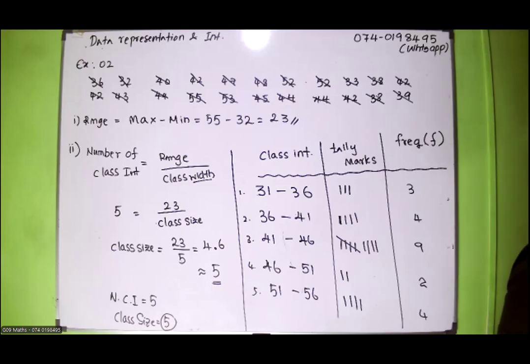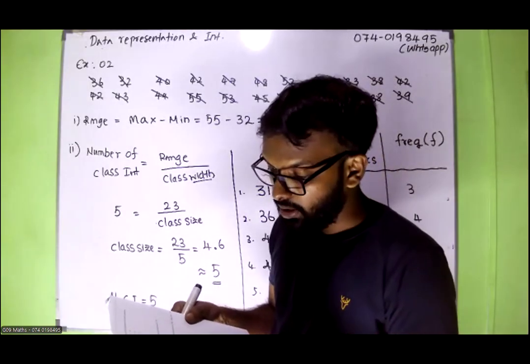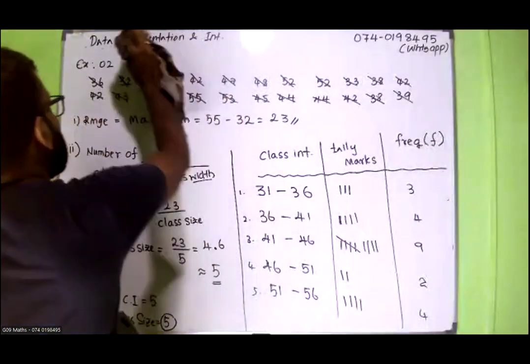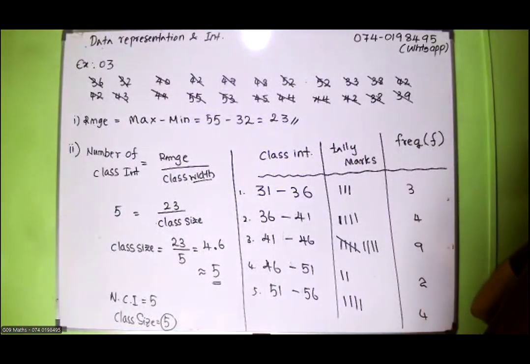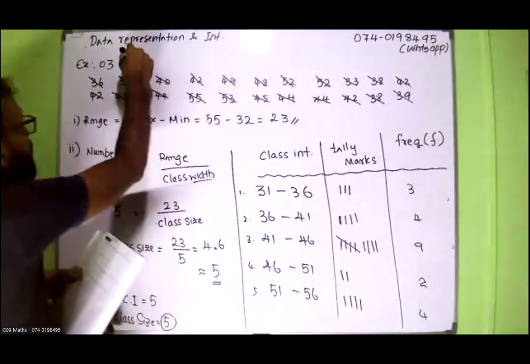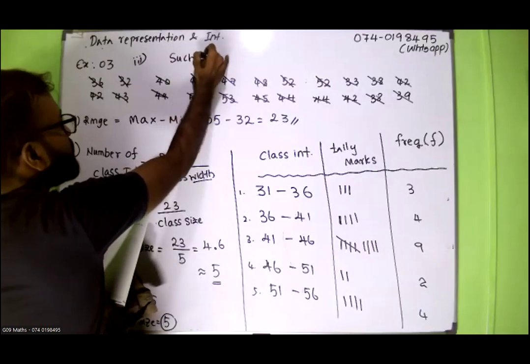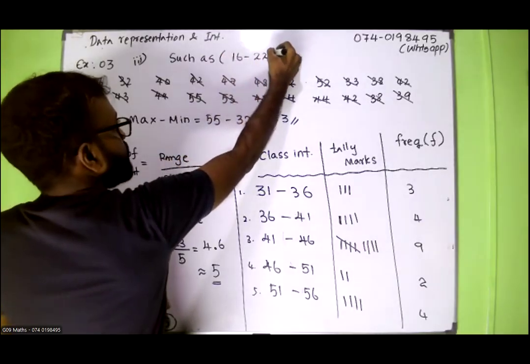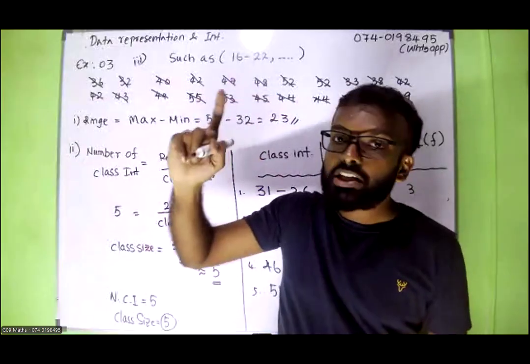Now you have done this only. In your example number 3, the third question, your ranges should be such as 16 to 22, and so on.